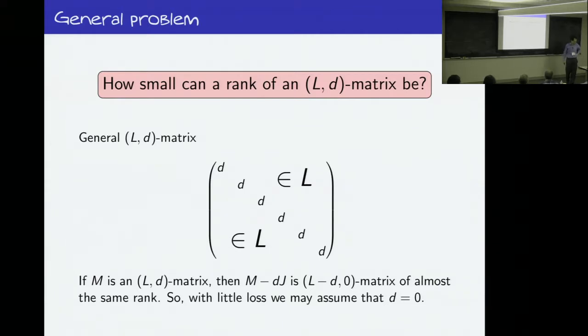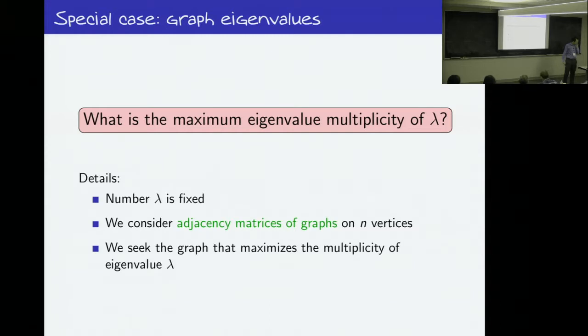That's it. Okay, so let me just give you some other examples of where this kind of thing arises. There are more examples. Eigenvalue multiplicity of a number. So what's the setting? If you have a real number lambda, and I have a graph G, I can ask myself, what's the multiplicity of lambda as an eigenvalue of the adjacency matrix of this graph?